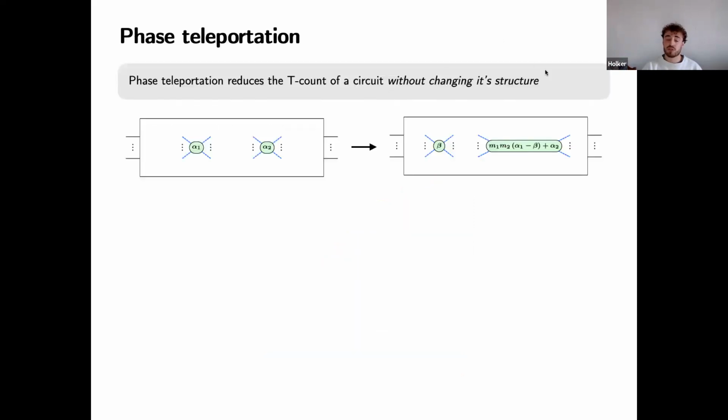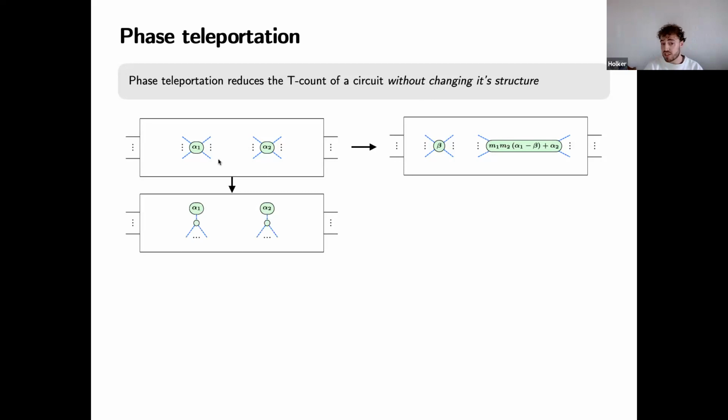In another application of this, instead of extracting the circuit, once we have a circuit in reduced gadget form, we can apply a technique called phase teleportation. Phase teleportation essentially allows you to label all your non-Clifford phases and then track them as they go through the circuit.